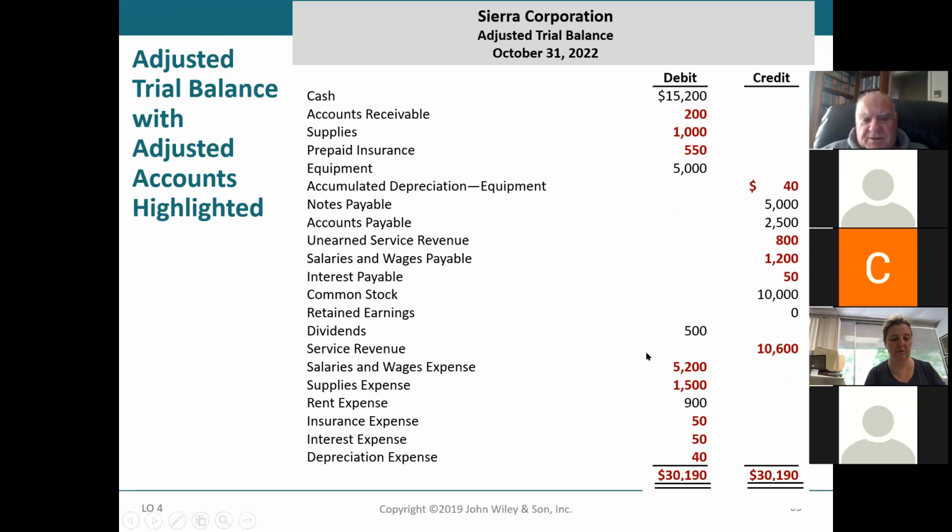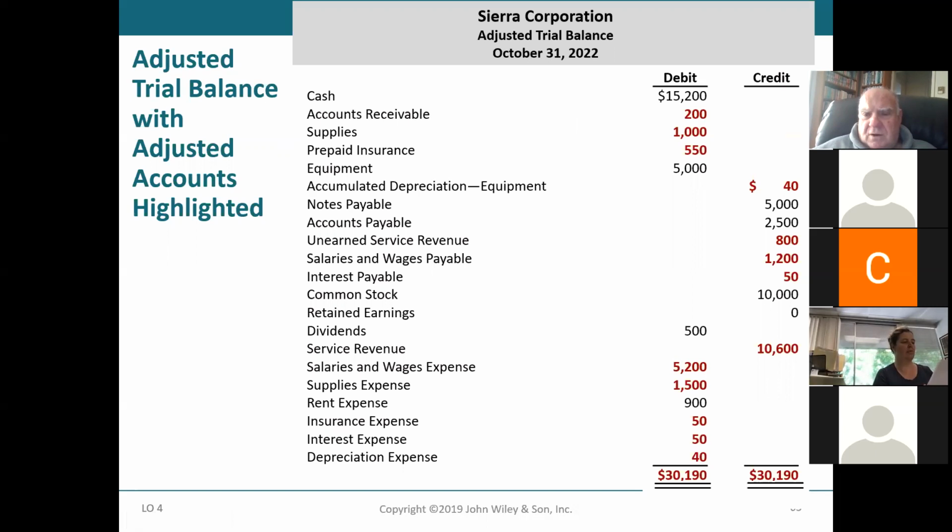We're recording the expenses down here: supplies expense, salaries expense, rent expense, etc. So the red numbers are the numbers that resulted from the adjusting journal entries. This is what I call the final trial balance, the adjusted trial balance.